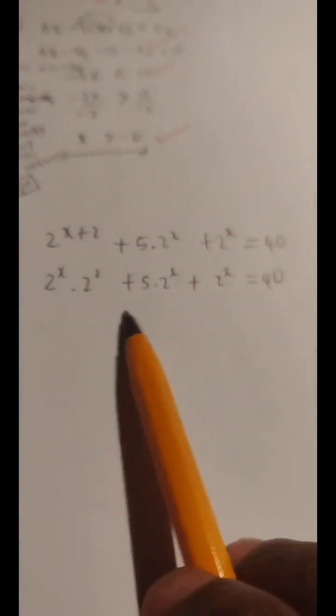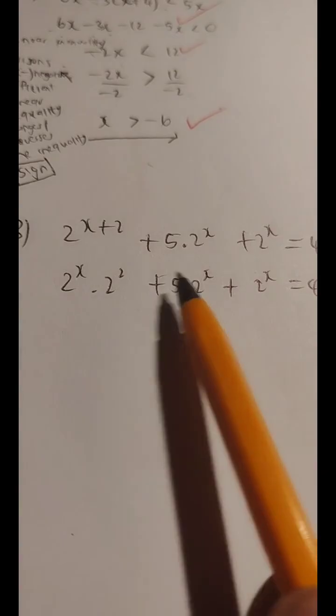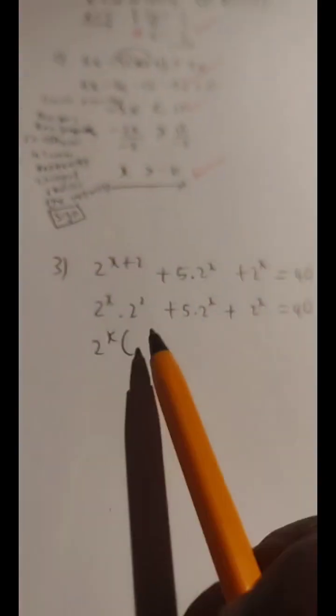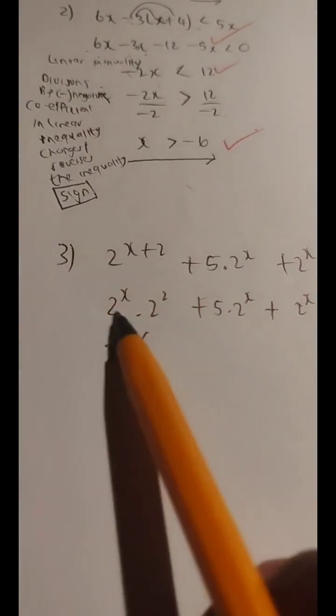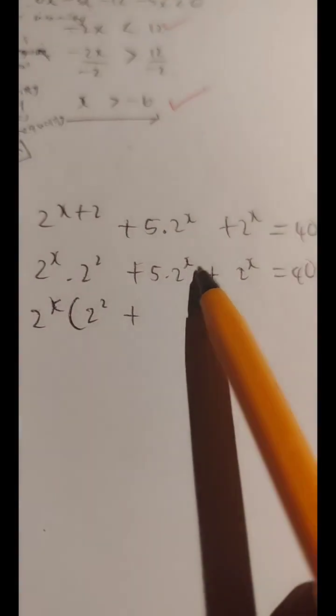Now, guys, we can see there's something that is common: 2 to the power x is common to all 3 terms. So we take out 2 to the power x. What are we left with? For the first term, we are left with 2 squared. For the second, we are left with 5.